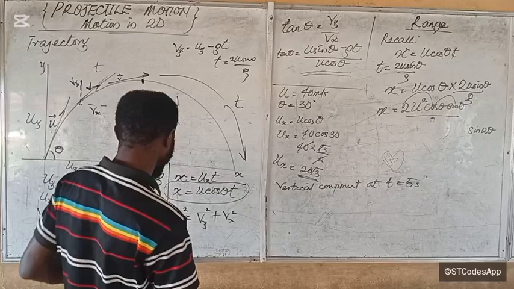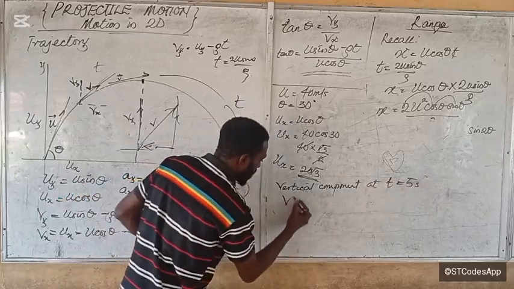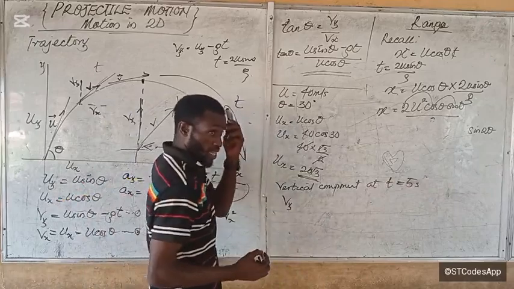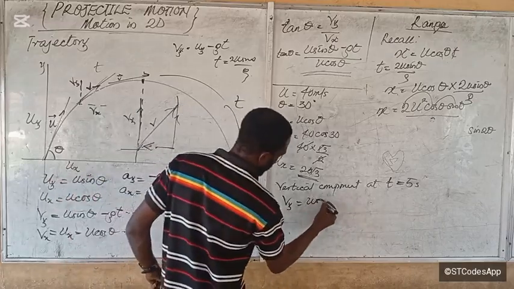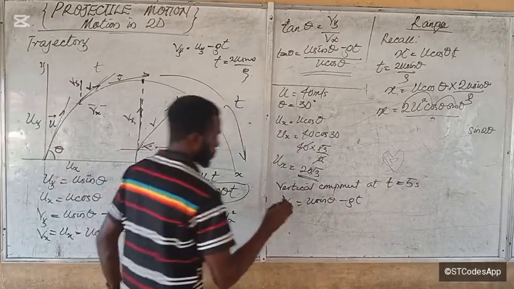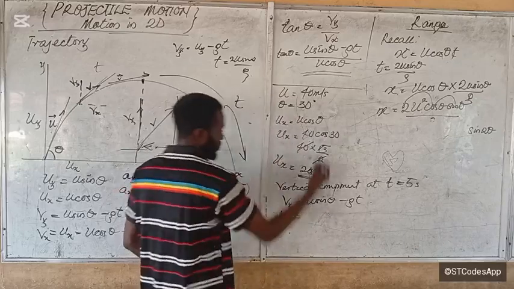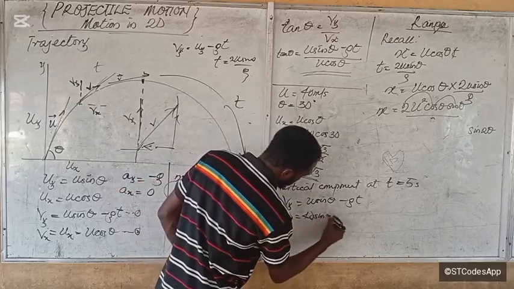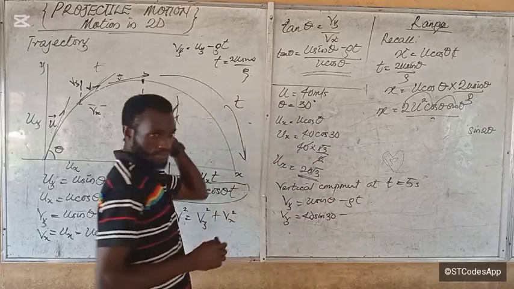Now you know that at time t we have v sub y, the vertical component. It's going to be u sine theta minus gt. So v sub y will now be equal to what? U, what's our initial velocity? 40, sine 30, minus, what is g?